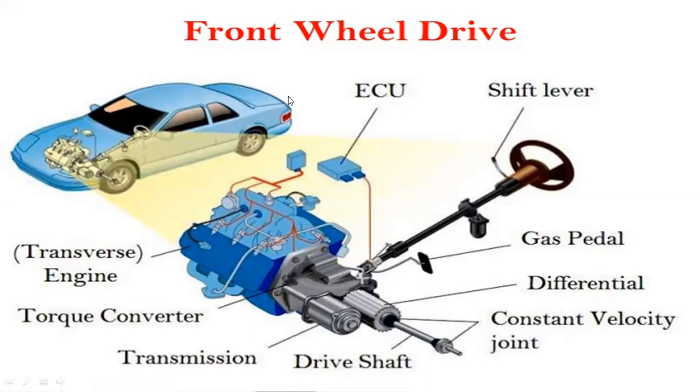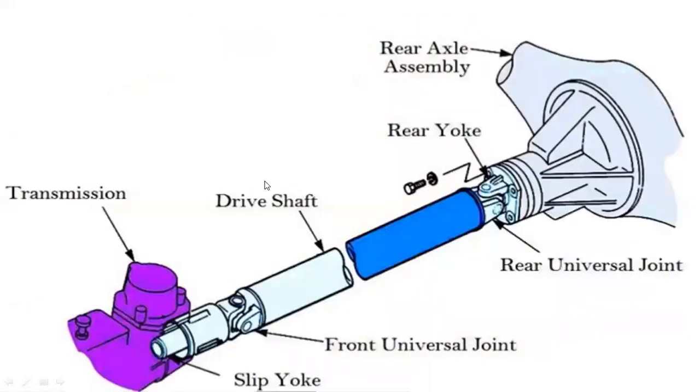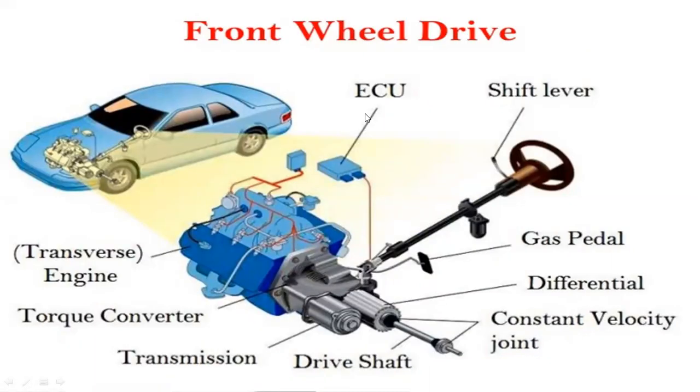We are using different drive mechanisms in automobile vehicle systems. In the front wheel drive, the power is transmitted through the front wheels only. The engine is placed at the front side of the automobile vehicle, and the power is transmitted to the front wheels of the automobile vehicle.